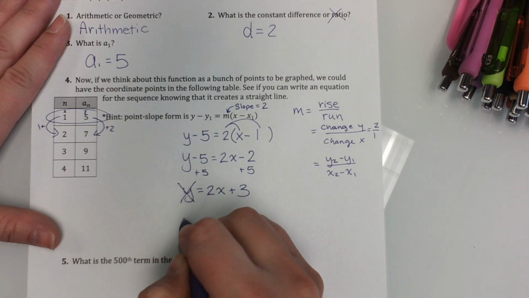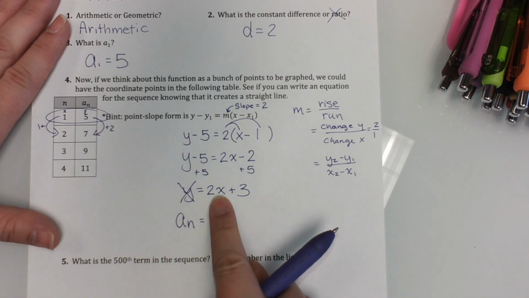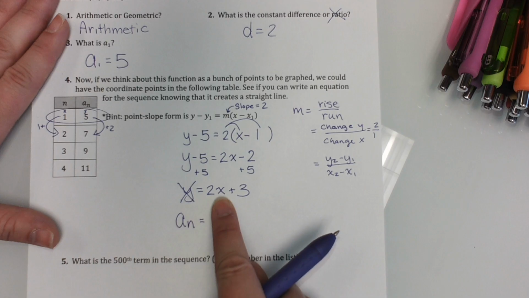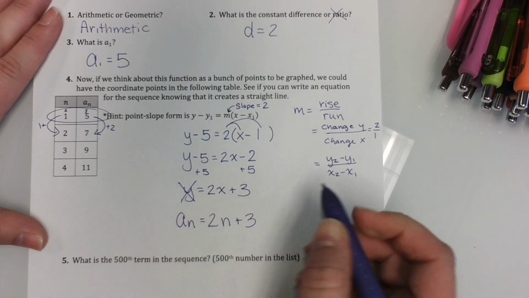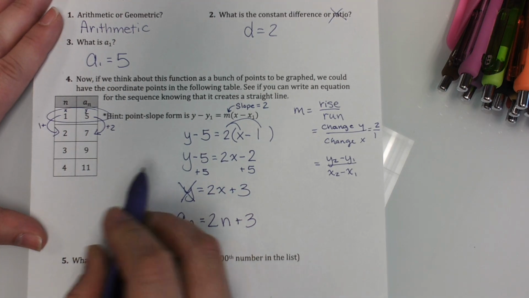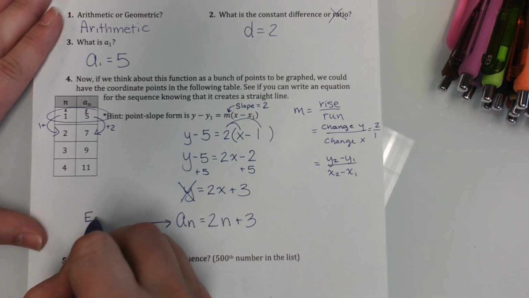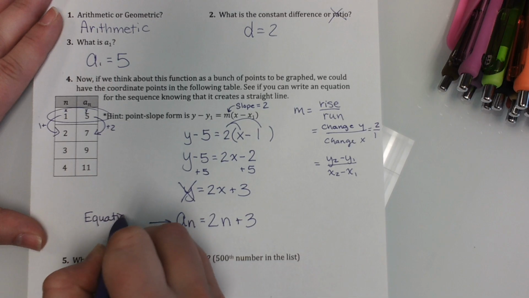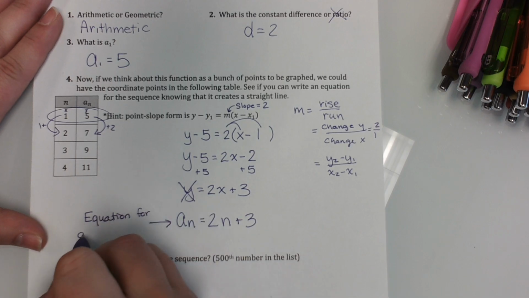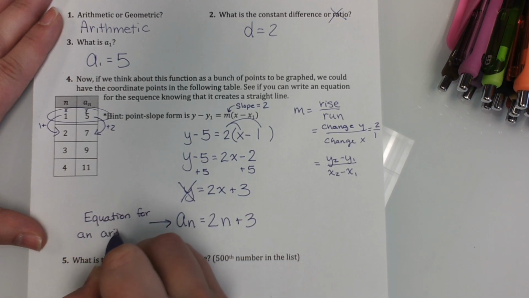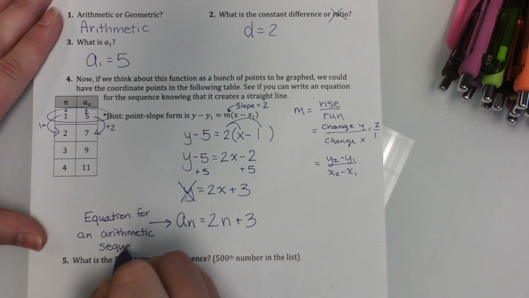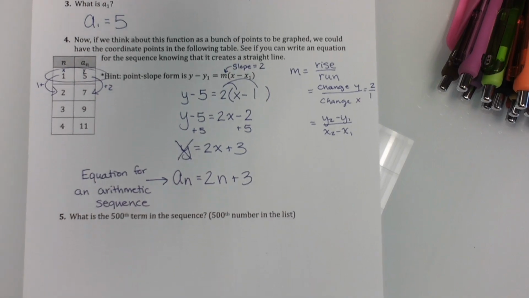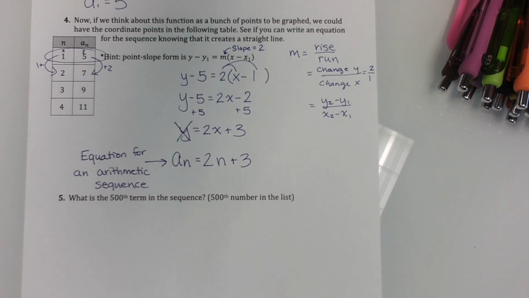A sub n. What should be where X is? N. This is the equation for an arithmetic sequence. Specifically this arithmetic sequence. It looks like a linear equation. Instead of X and Y, it's got A sub n and n.